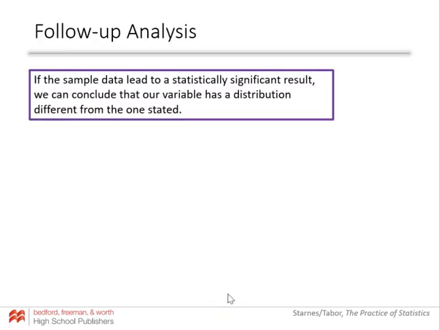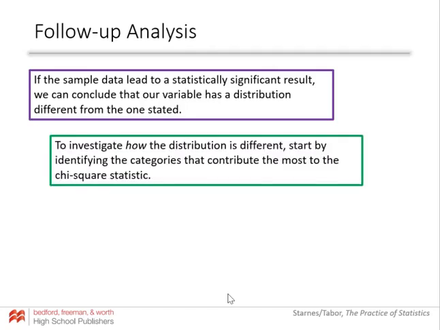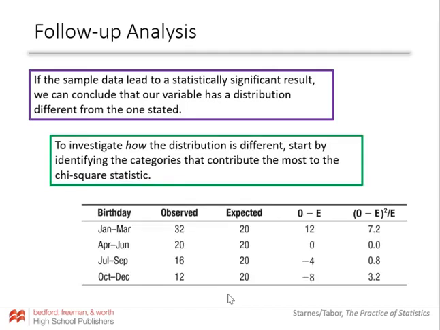Okay, now when we get a test that says that our distribution is not the expected one, so when we reject the null hypothesis, we need to do a little follow-up analysis just to see how it is different. What we're going to look at is which categories had the biggest contribution to the chi-square statistic. So when we did our math, which were the biggest numbers?